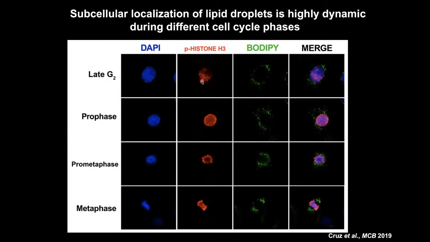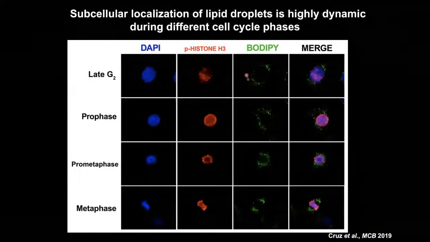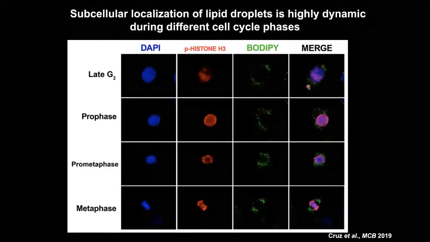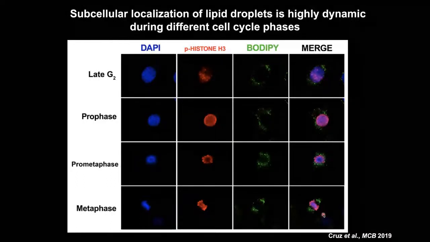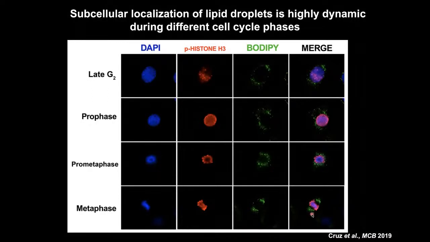What we see in G2 is that cells still have a high number of lipid droplets, and as the cells progress to M phase, we see in metaphase, where the chromosomes are in the middle of the cell, the lipid droplets are at the poles of the cell.